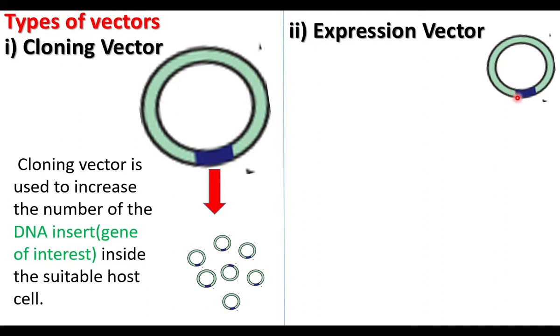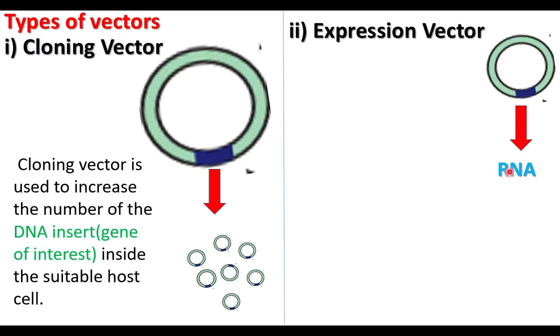What is transcription? Formation of RNA from DNA. The process is catalyzed by RNA polymerase. RNA polymerase binds with the promoter sequence. So the expression vector has a promoter nucleotide sequence for transcription. So RNA is produced, mRNA. This is mRNA.